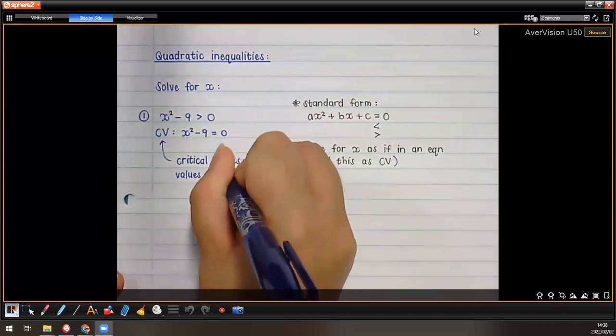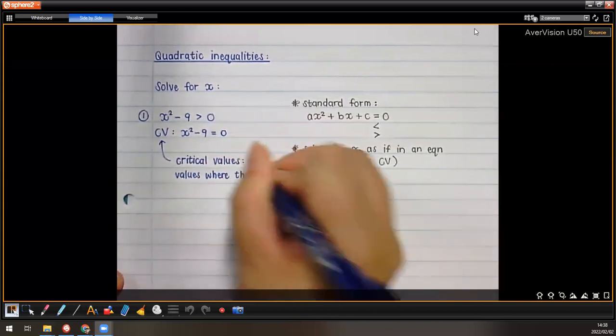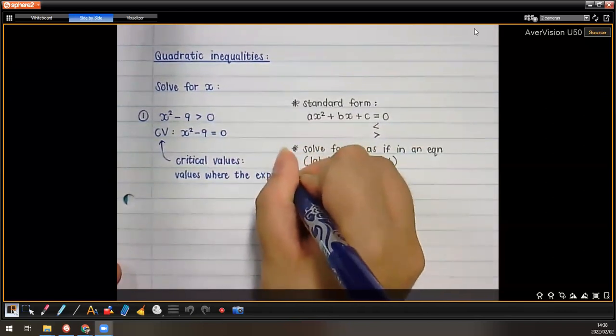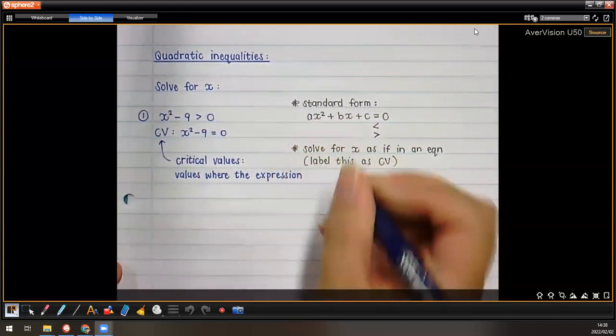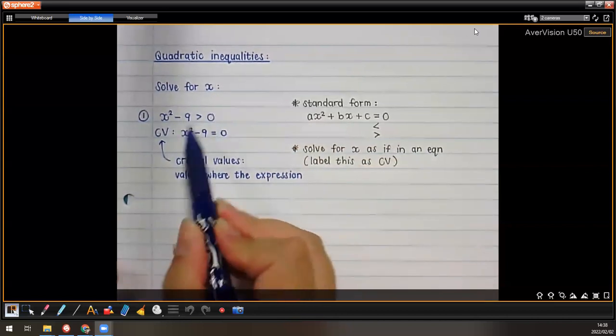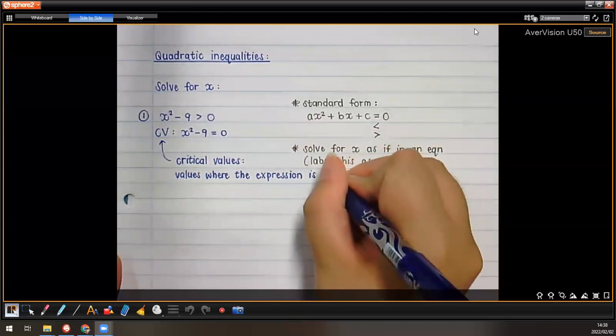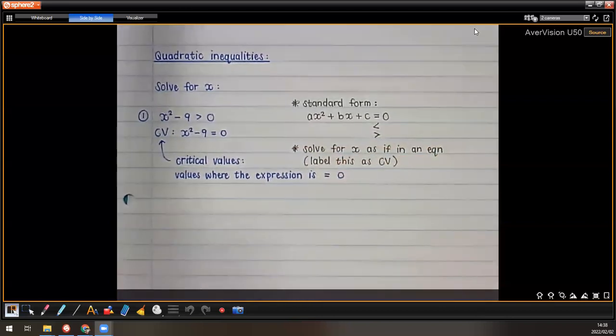In this case, the expression is x squared minus 9. Okay, so values where the expression is equal to 0. That's what a critical value is.